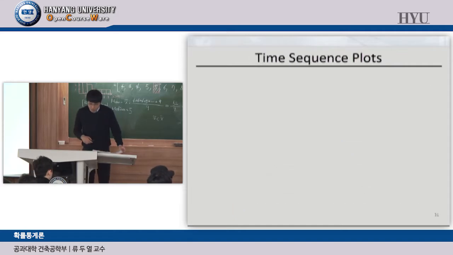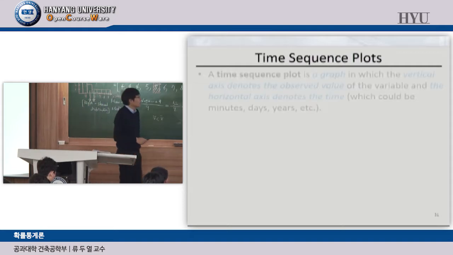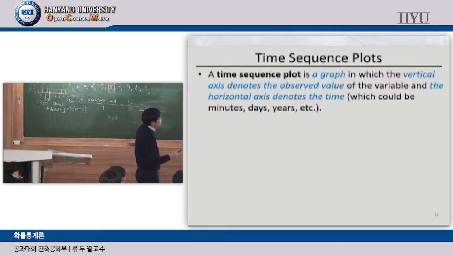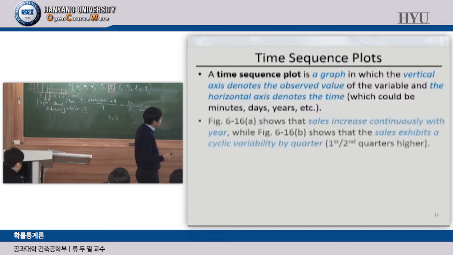And now we are going to discuss the time sequence plots. A time sequence plot is a graph in which the vertical axis denotes the observed value of the variable, and the horizontal axis denotes the time, which could be minutes, dates, years, etc. So it is called a time sequence plot.